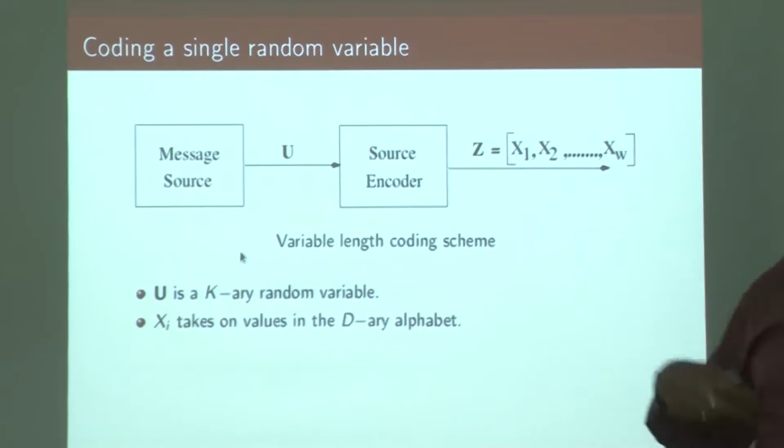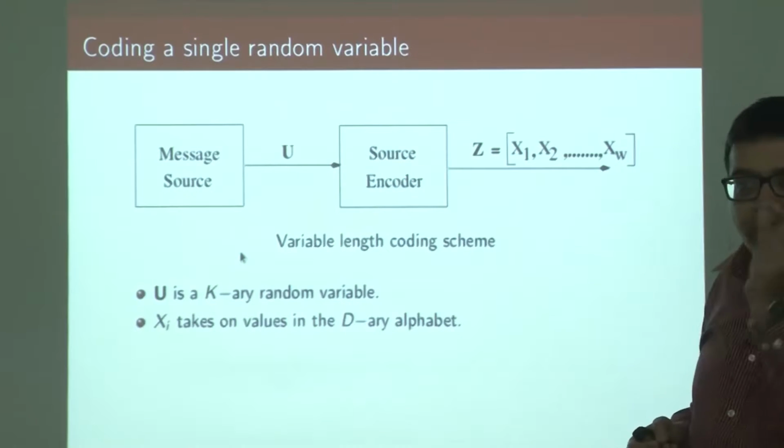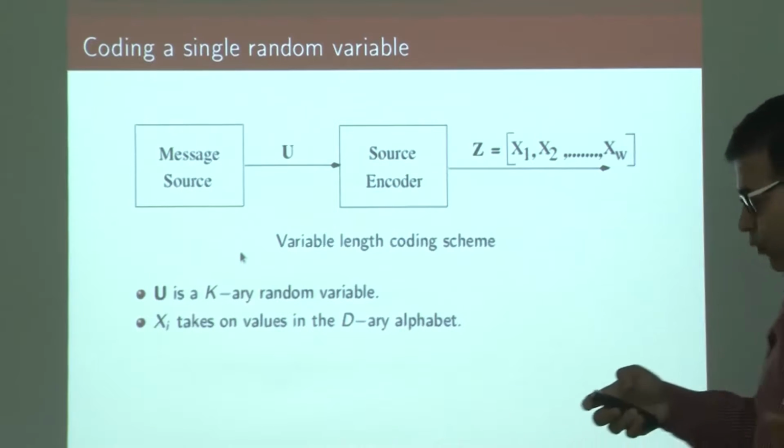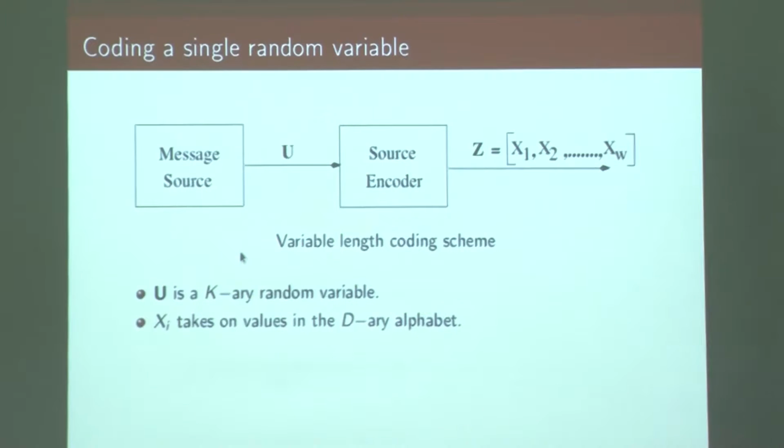Among them, the ones which are happening more frequently you would like to encode using a smaller number of bits, and the ones which are rarely happening you can afford to use a larger code word length. That is the idea behind this. So this w is a random variable, and clearly our code word is of variable length.